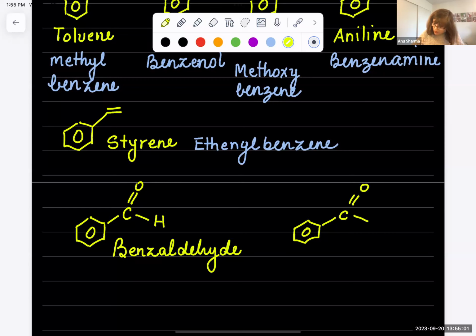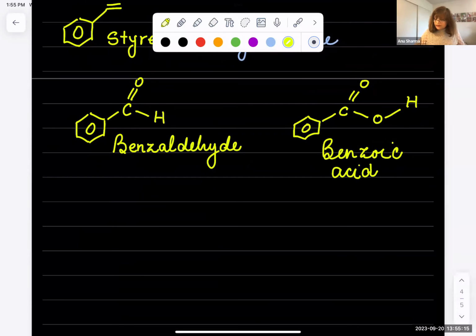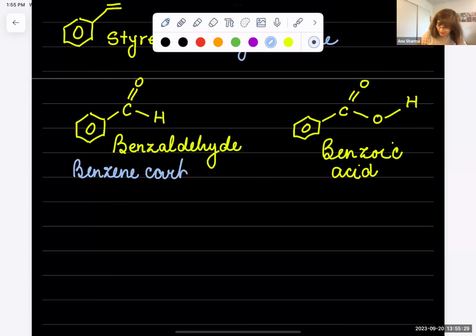Okay, next comes COOH. That's the acidic group. So this is benzoic acid, the acidic group. With the benzene, it is benzoic acid, and then whatever other substitution there is goes there. Other names: benzaldehyde is also called benzene carbaldehyde.